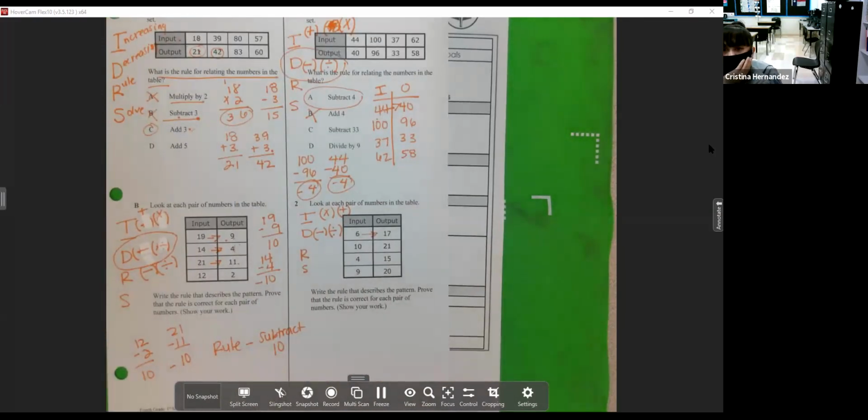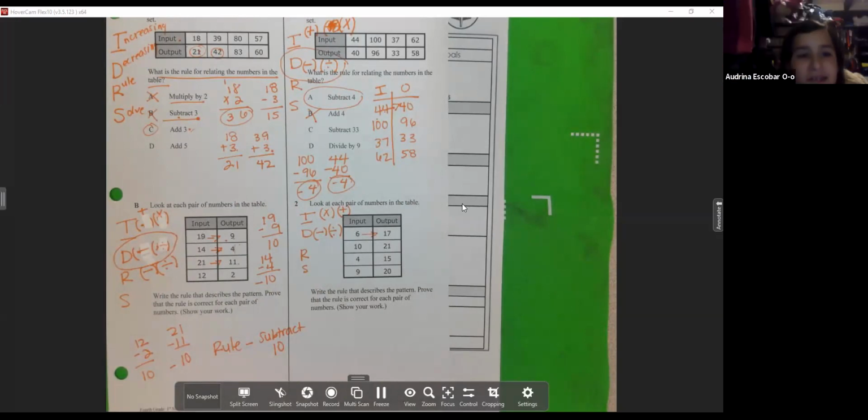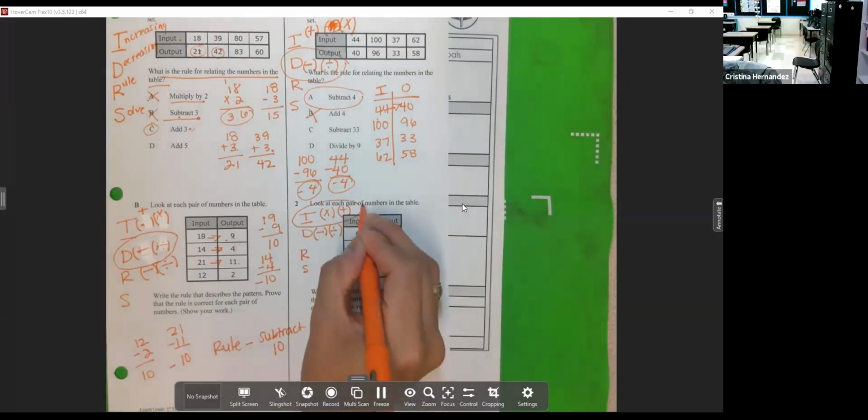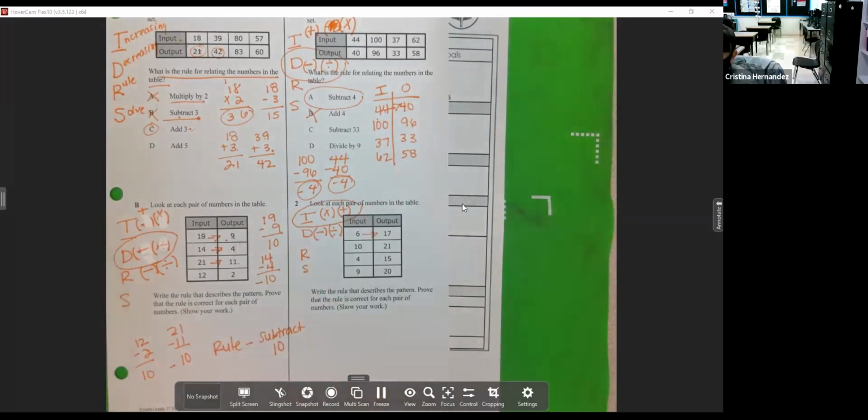We're going from 6 to 17. I start my day with $6 and I end with 17. Did I increase or did I decrease? Audrina? Increasing, which means we are going to be either adding or multiplying. Good job, Audrina.